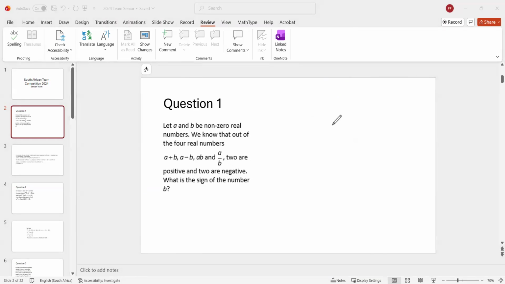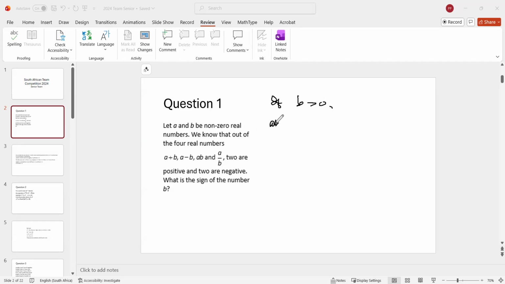Now, suppose B is positive. If B is positive, let me just try to improve the writing here. Now, if B is positive, then let's see, there are two cases.